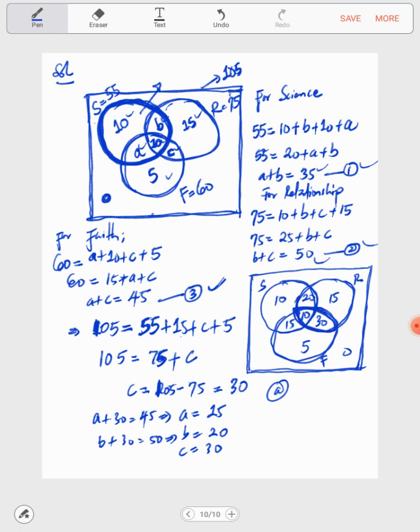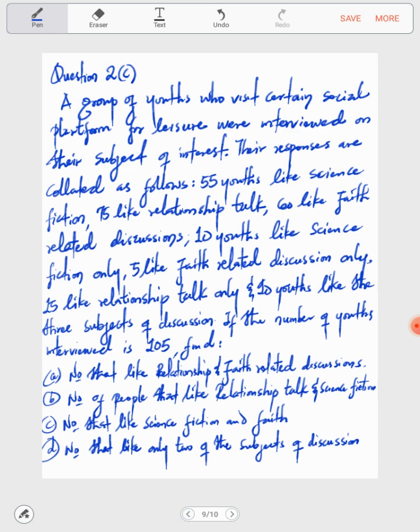So take note, that'll be 10 plus 30, which is equal to 40. Now, what does 30 correspond to? 30 means those that love just relationship and faith only. Now, always take note of the difference. This place just says relationship and faith. It didn't add the word only.